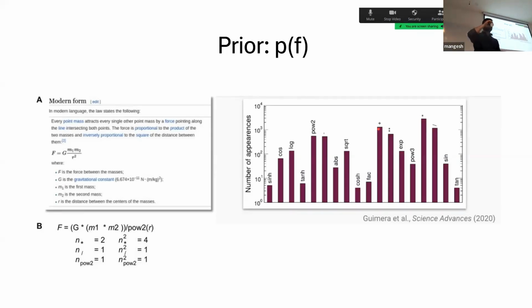Plus is very common in these equations. Yes, general equations. So the prior is the relative number of uses. Yeah, it's based on how often it is used. So if it is used more often, it will be preferred. Yes, it will have a higher prior probability.